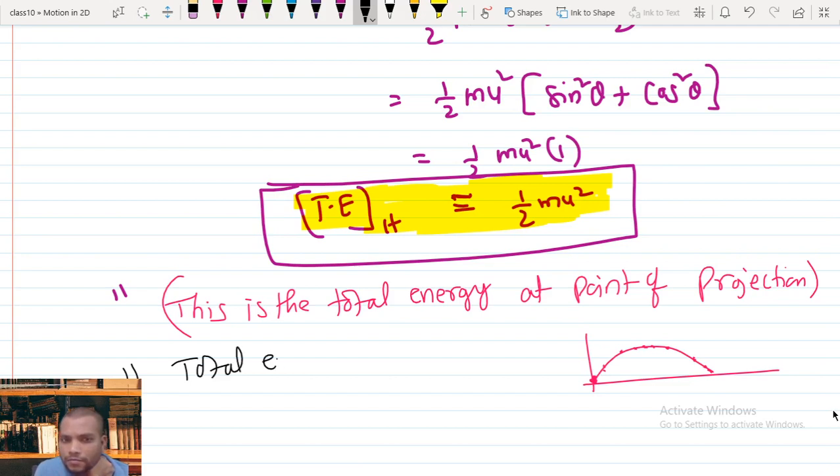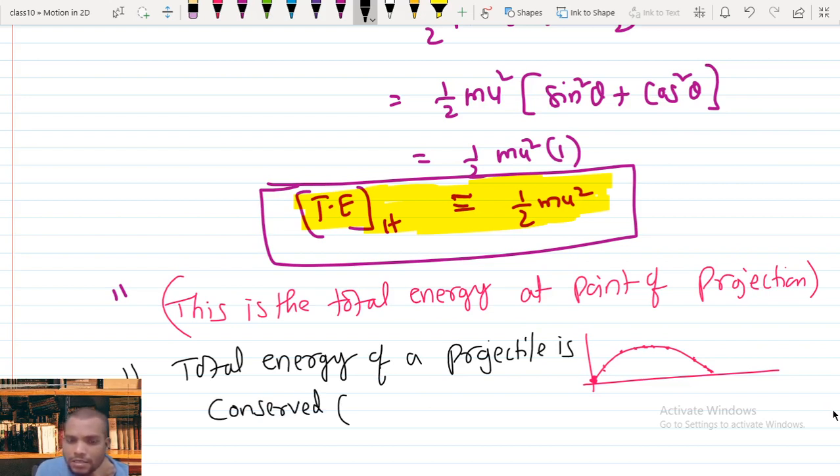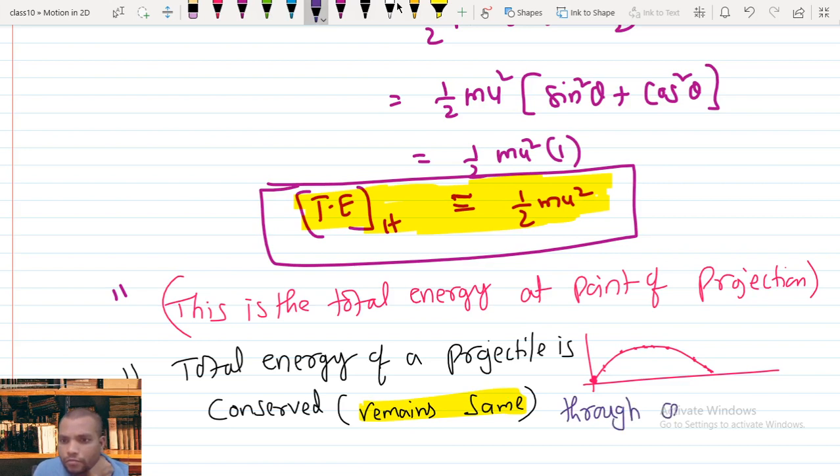Total energy of a projectile is conserved. Conserved means remains constant, remains the same throughout the projectile motion.